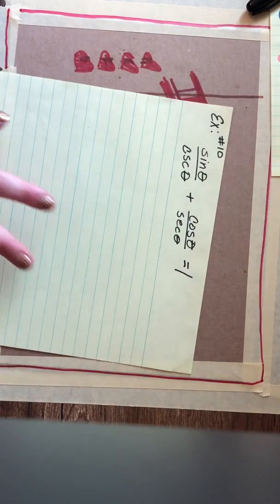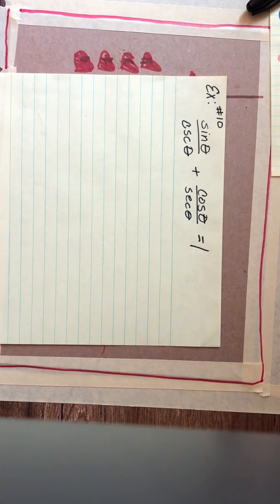Okay, let's look at number 10. On number 10, I'm not going to tell you much, just a little bit. We're going to do that thing where we change it into sines and cosines.